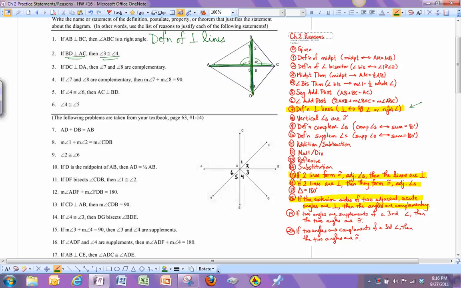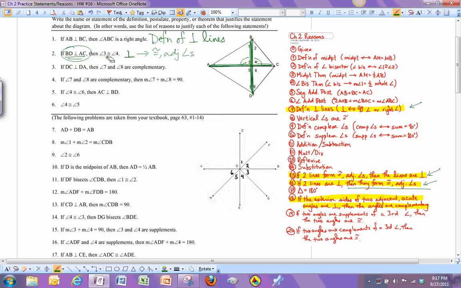It's not what 15 says, because 15 says start out with congruent angles. This one you start out with perpendicular lines. But if you look at 16, it fits perfectly. If you have perpendicular lines, which we do, then they form congruent adjacent angles, which they do. So this one, the way we've abbreviated this, perpendicular lines give congruent adjacent angles.